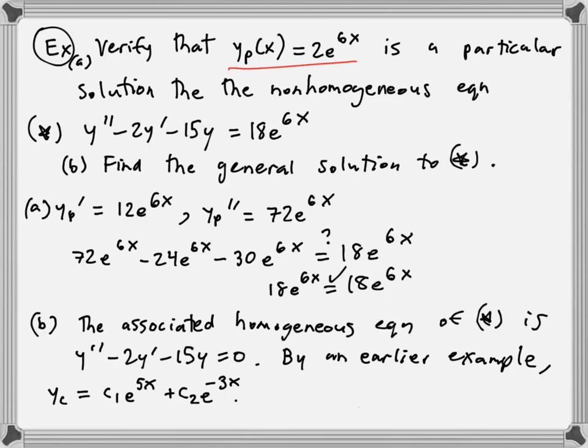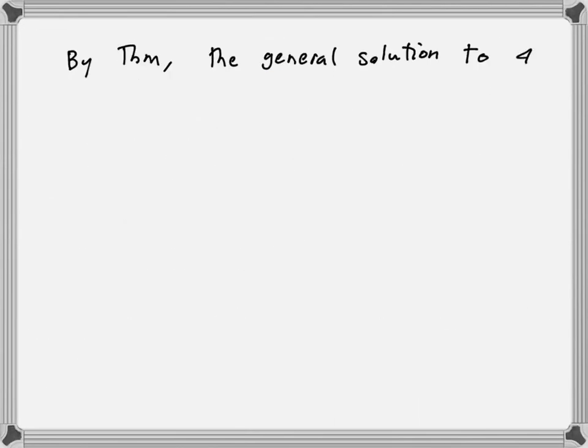So put this together. So by the theorem, the general solution to, what did we call that? We called it star. The general solution to star is, you just take yc and you add it to yp.